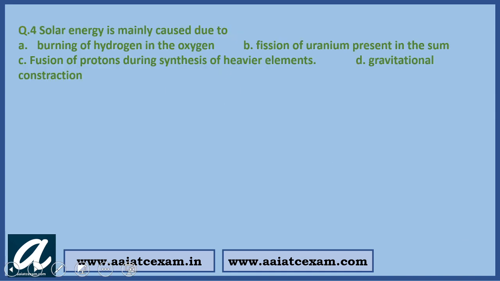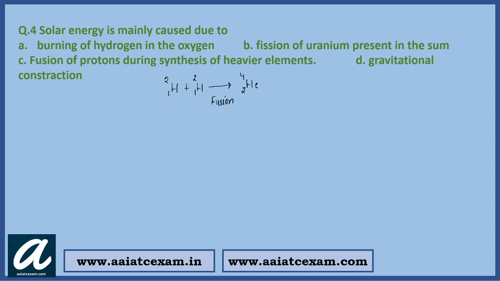Let us solve question number 4. Solar energy is mainly caused due to, so students, I hope you know this, solar energy is the result when hydrogen, that is the deuterium, keeps on changing to helium nuclei. This is called the process of fusion.